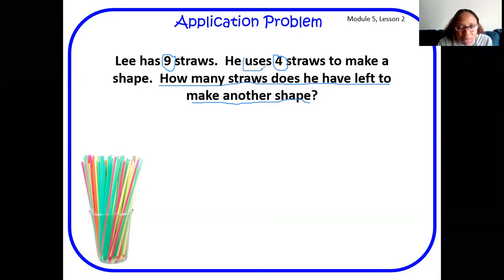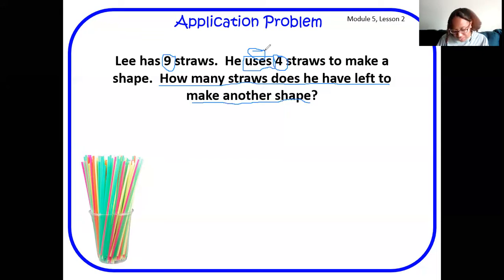And if you use something, are you getting more or are you taking away? We're taking away. So I want to make sure I write my minus sign above it to remember that I'm going to do subtraction. So let's go ahead and write the minus sign and I'm going to try to circle it. I'm still trying to get used to this technology.